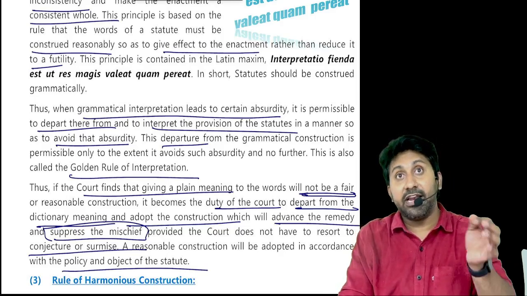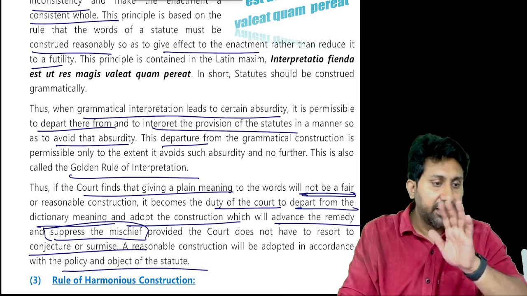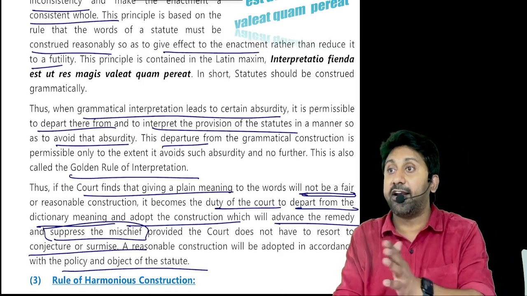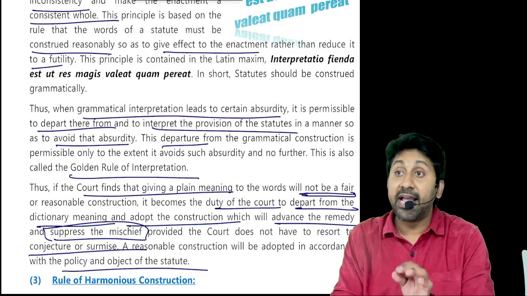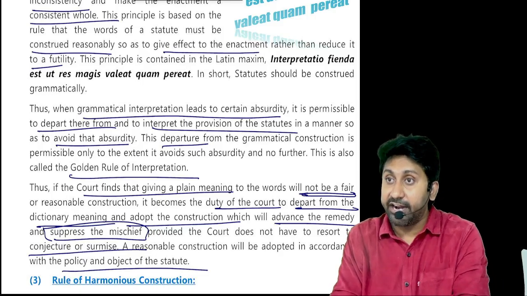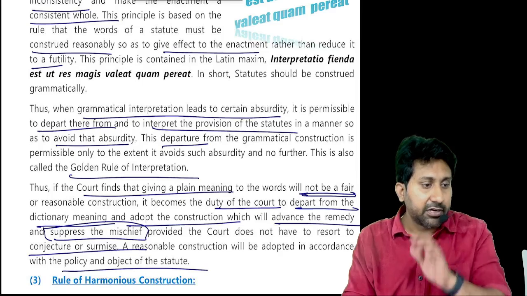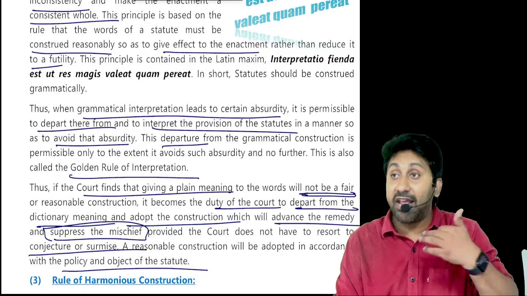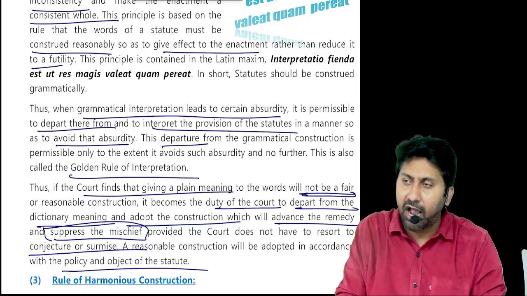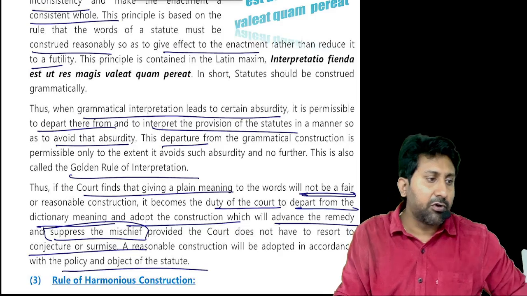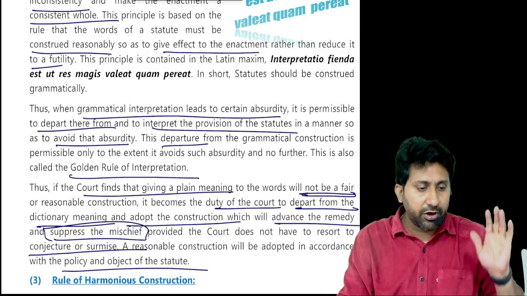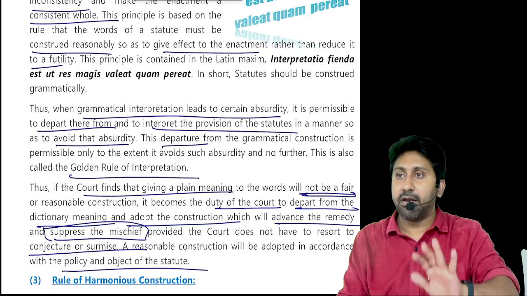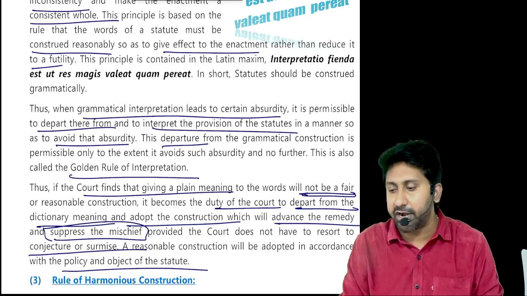When a traffic violation happens, he can take action against a person who is violating the traffic rules. Can the circle inspector have a right to stop a person if there is a doubt? You should not say he can act only after registering a case. When I have a right to take up a case, I also have a right to take action in advance. So like that you need to understand the rule of reasonable construction. Are you understanding or not?